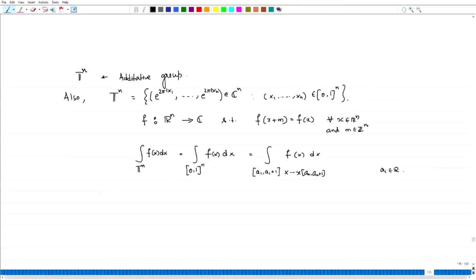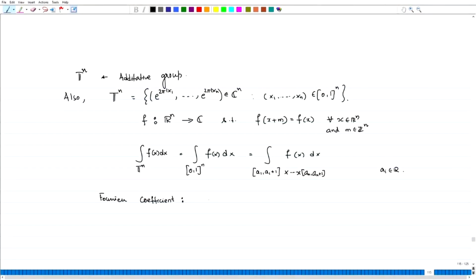Now, analogously we will define the Fourier coefficient. Suppose f is a continuous function. There it is defined on Z, and here we are going to define it on Z^n. Here the building block is going to be e^{2 pi i m.x}.